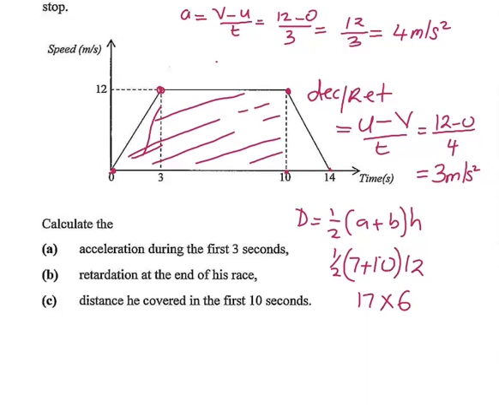That is what will give you 6. So now what is going to be our final answer here? As you know, distance is given in meters. That is what is going to be our answer here.